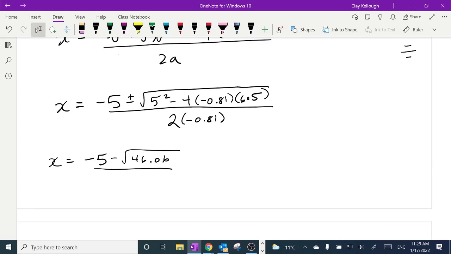Okay, then double 81. 81 plus 81. So then x would equal, open a bracket, negative 5 minus the square root of 46.06, close brackets, divided by 1.62 with a negative on it, and you get 7 point, we'll round it to 2 places.